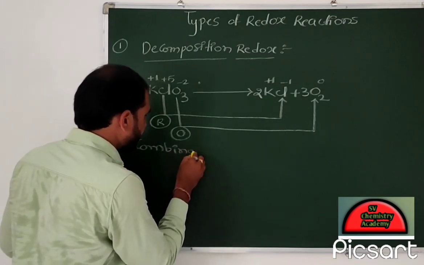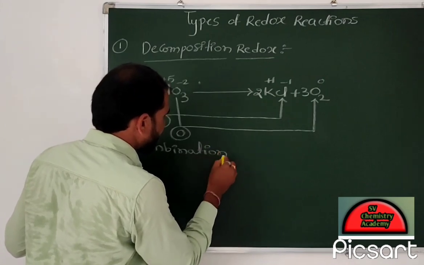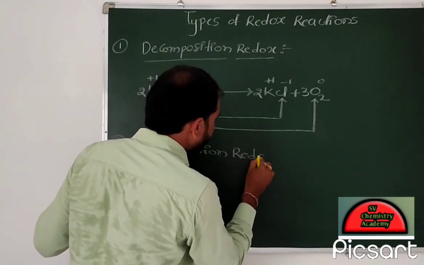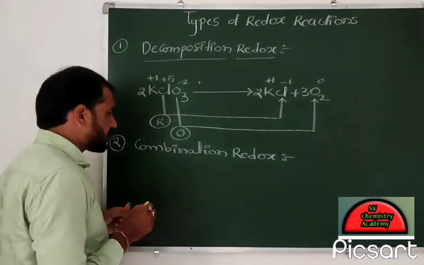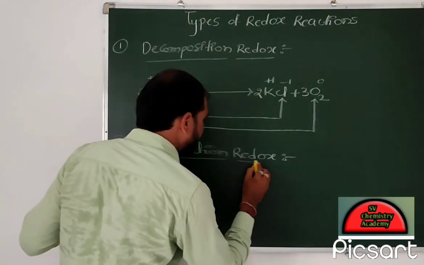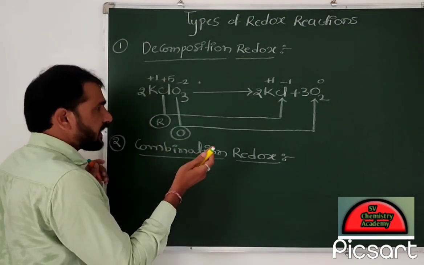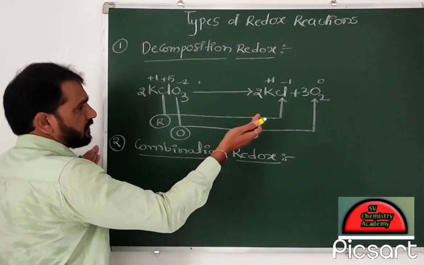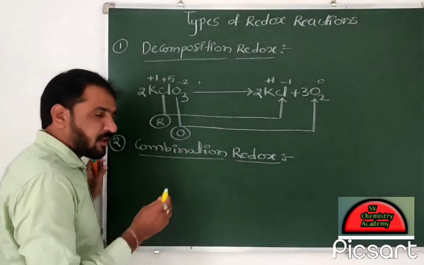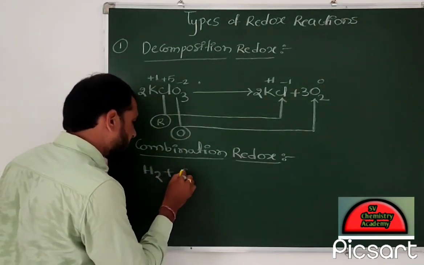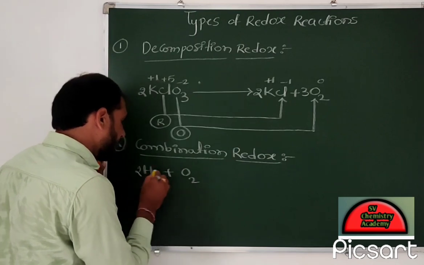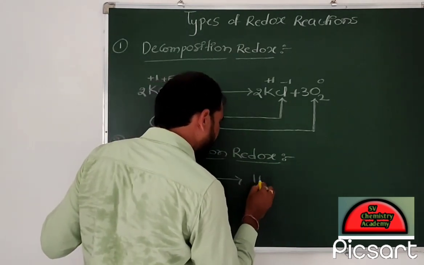Then coming to the second type: combination redox reactions. Combination redox reaction is the reverse of decomposition. For example, H2 plus O2 forms a water molecule.